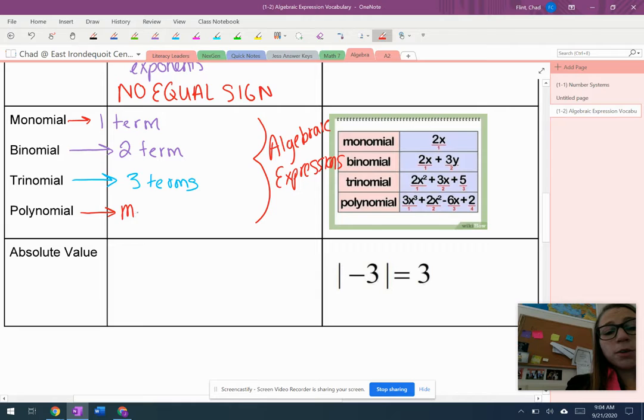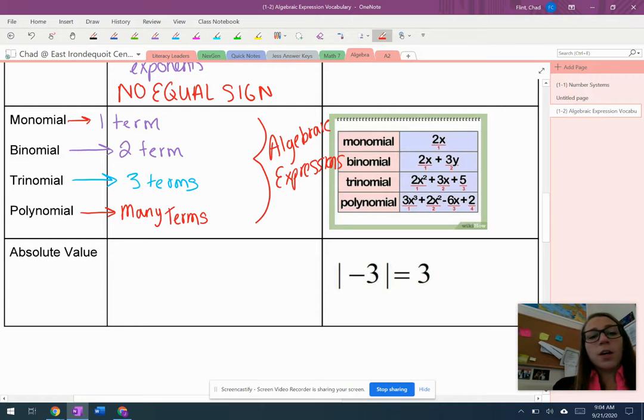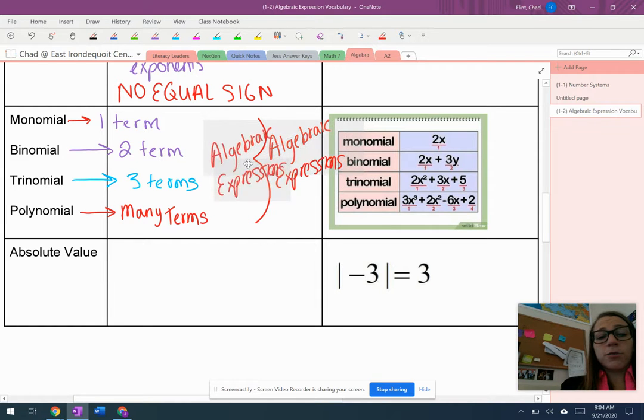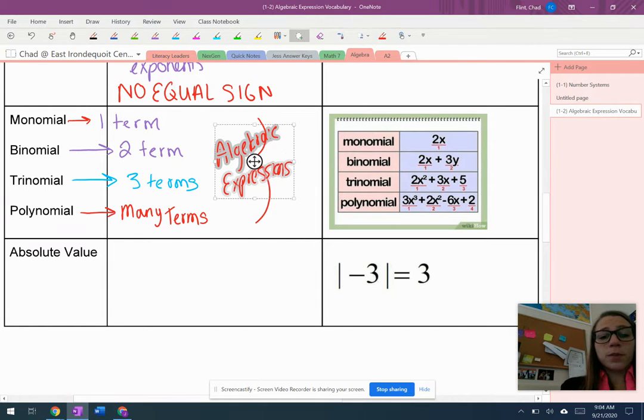Polynomial is just multiple or many terms. So again, all of those, monomials, trinomials, polynomials, are just examples of algebraic expressions. So, okay, moving on.